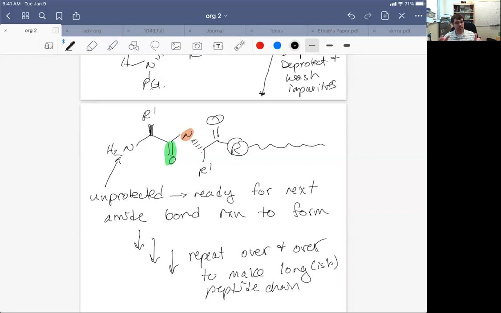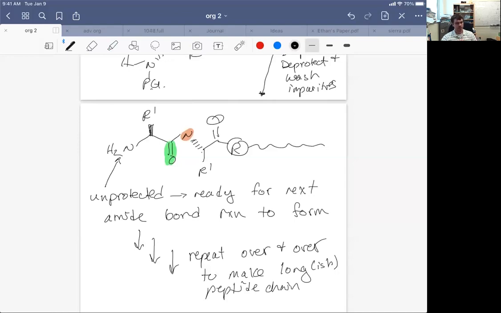Okay, so what we're doing here is we're doing a sequence of amide bond forming reactions where we make an amide bond using a carboxylic acid with an amine, but that amine's protected, so that amine doesn't get in the way. So we use the carboxylic acid with the unprotected amine. We mix those together by making an amide bond reaction, and all is good. Well, to make this sustainable to do, or efficient to do on a big scale to make big proteins, we have to be able to remove the impurities effectively, because if we had to do a really hard purification at each stage, nobody would pick up this technique.